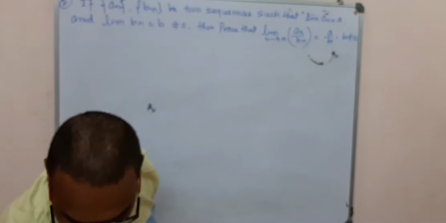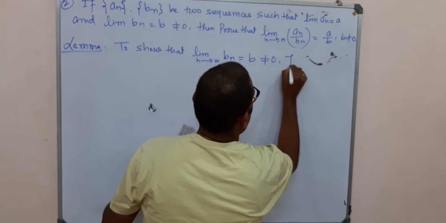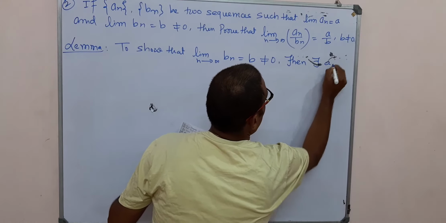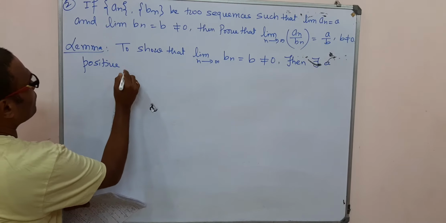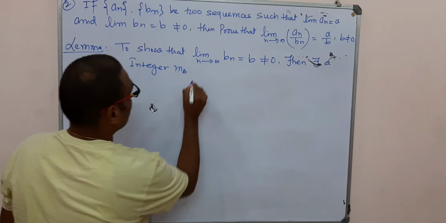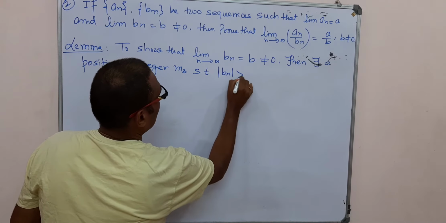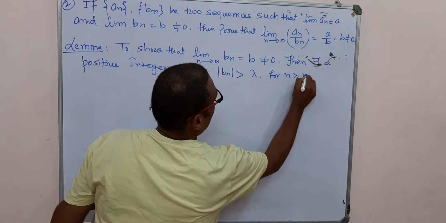The lemma is here to show that if the limit as n tends to infinity of b_n is equal to b, which is not equal to 0, then there exists a positive integer m3 such that the mod of b_n is greater than lambda for all n greater than m3.